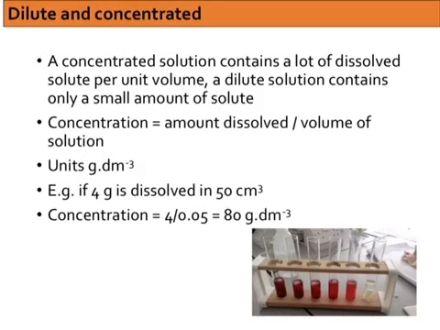For example, if 4 grams of a substance was dissolved in 50 centimeters cubed of water, then the concentration would be 80 grams per dm cubed, converting the 50 centimeters cubed to 0.05 dm cubed. As mentioned previously, this concentration calculation is reviewed in a previous video.